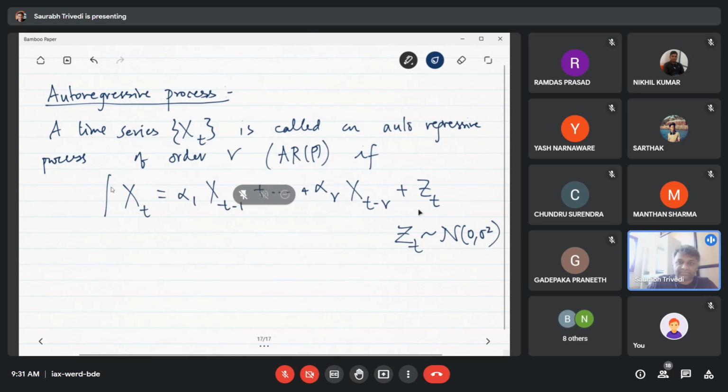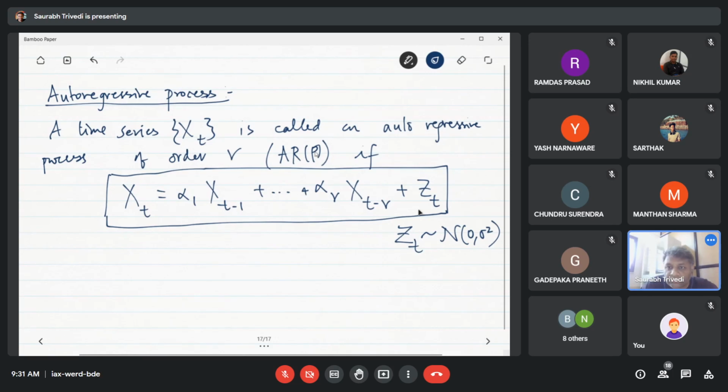If this happens in some time series, then we say that it is an autoregressive process of order r.